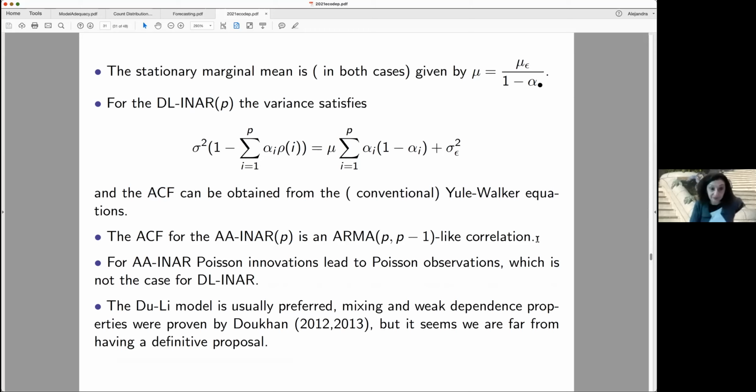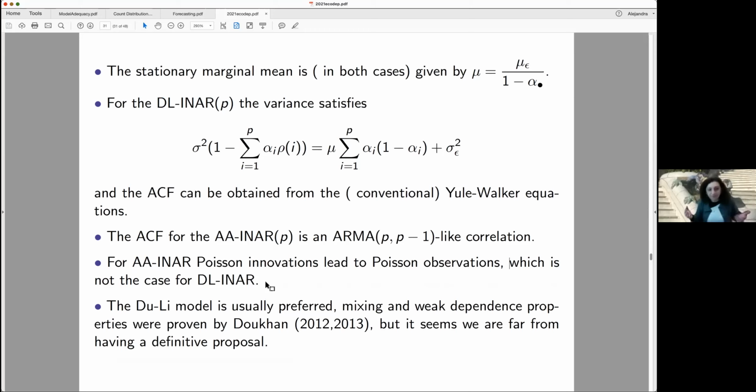So the autocorrelation does not behave like the one we expect for an integer process of order p. On the other hand, if we choose the multinomial, then for Poisson innovations we have Poisson observations, but with conditional independence, as in Du and Li, we lose this property.